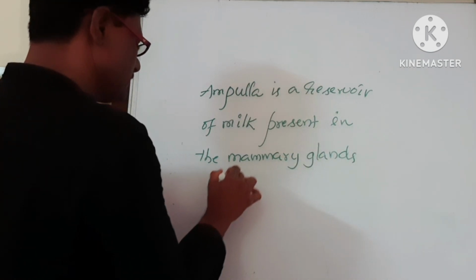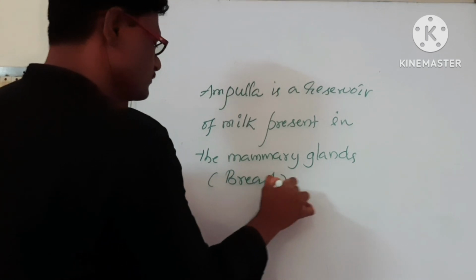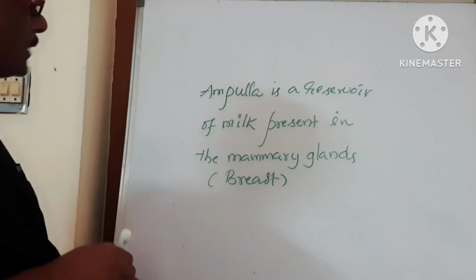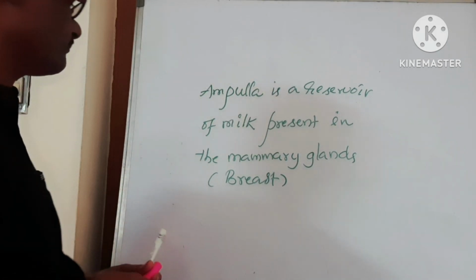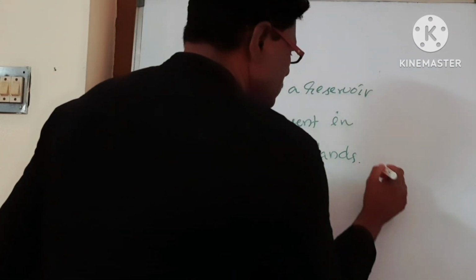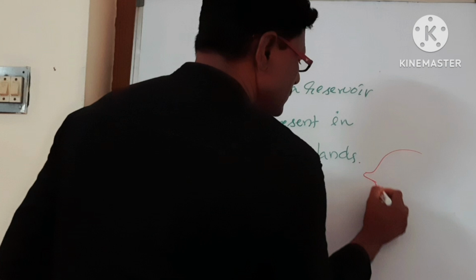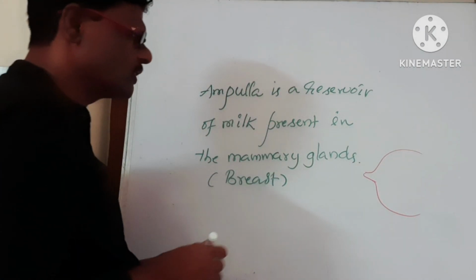Nothing but it's the breast. Right? Ampulla is a reservoir of milk present in the mammary glands. So, breast. See here, the mammary gland. This one.